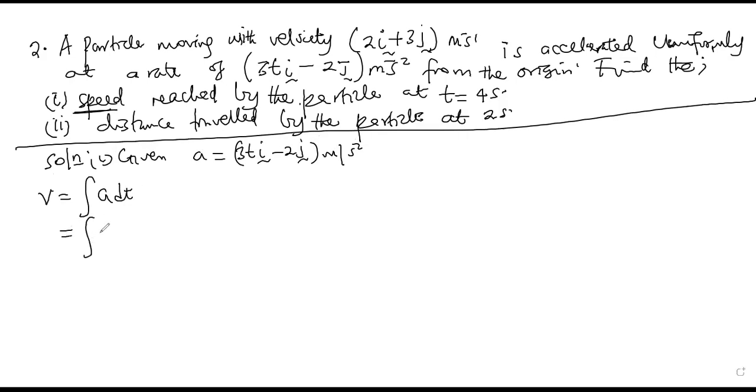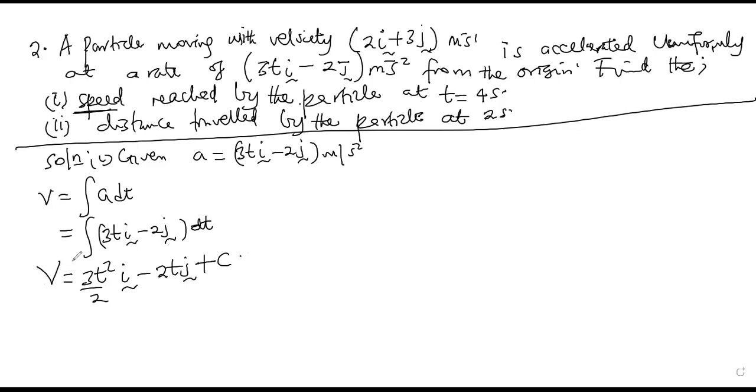So it is the integral of 3ti minus 2j dt, which is 3t squared over 2 i minus, when you integrate 2j with respect to t, 2tj, plus a constant of integration.